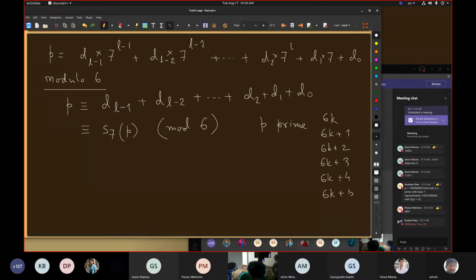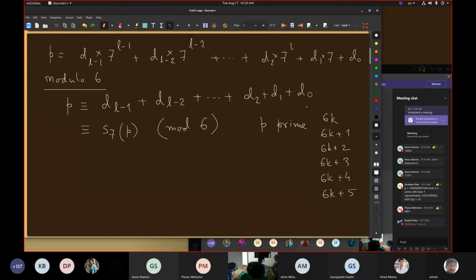Any integer can be written in this form. These are multiples of 6. These numbers give a remainder of 1. These give a remainder of 2, 3, and 4.